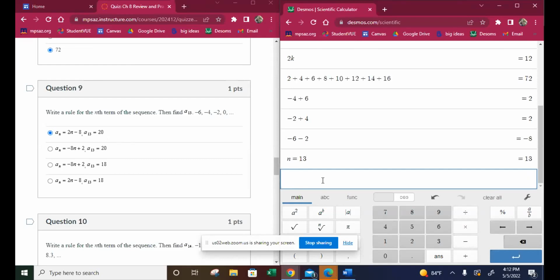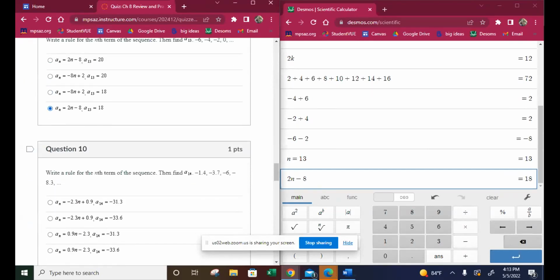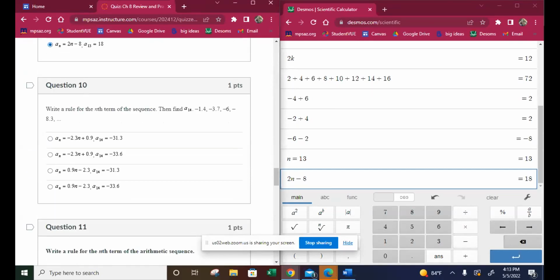Okay, hit enter and type in that first formula, 2n minus 8. 18. Okay, is that right? No, it must be that. Yeah. Very good. Do you think you can do that on your own on a test or quiz? Yeah. Okay, good. That's what we want. So same thing here. You got to do that right minus left.